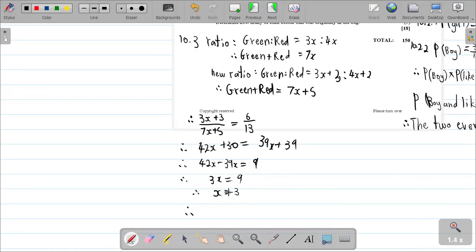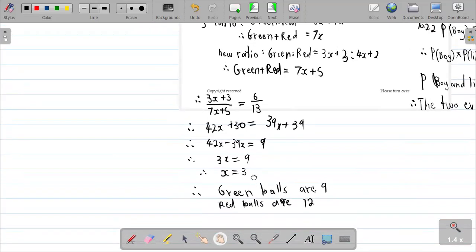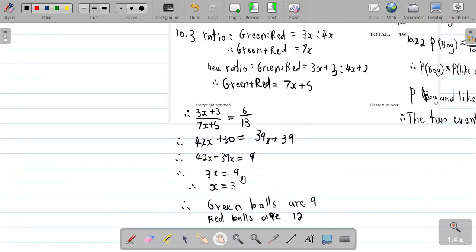If x equals 3, it means originally green balls are 9 and red balls are 12.